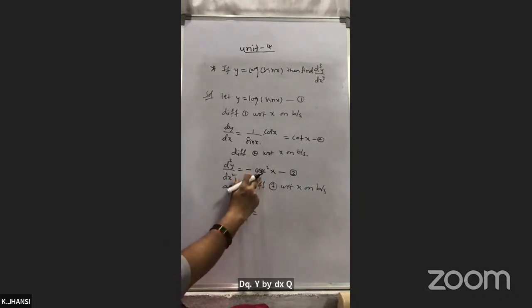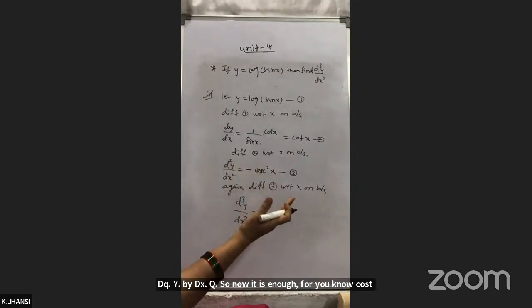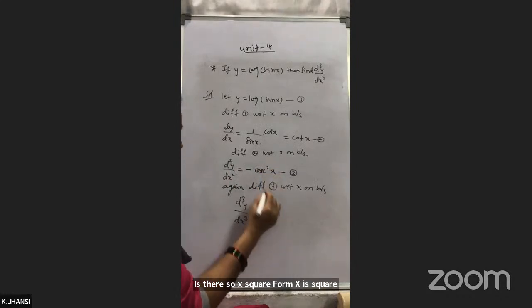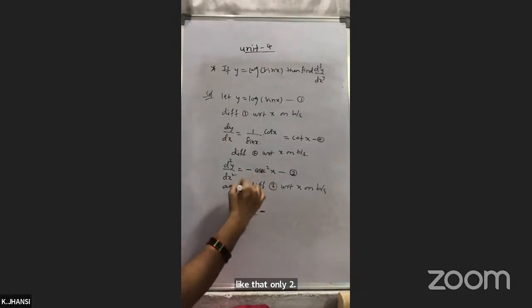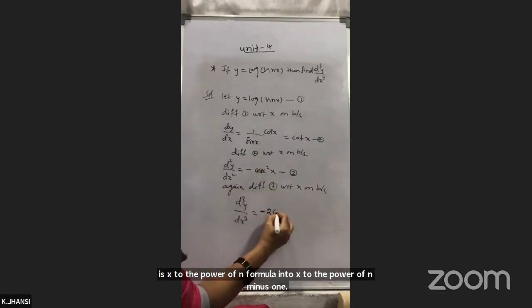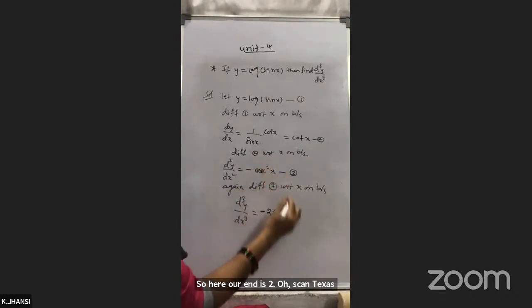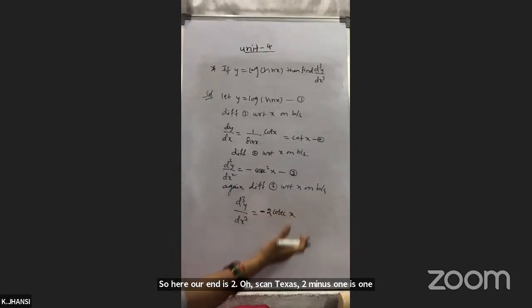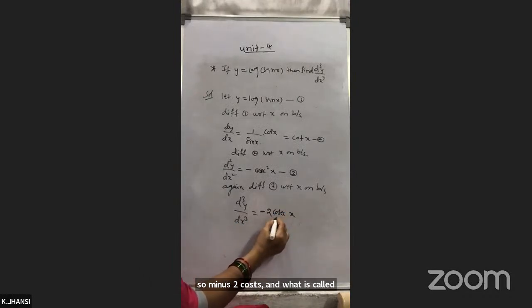Now cosecant square x is there, an x square form. It is the x to the power of n form: n into x to the power of n minus 1. Here our n is 2, cosecant x, 2 minus 1 is 1, so minus 2 cosecant x. And again we have to do the cosecant x differentiation also.